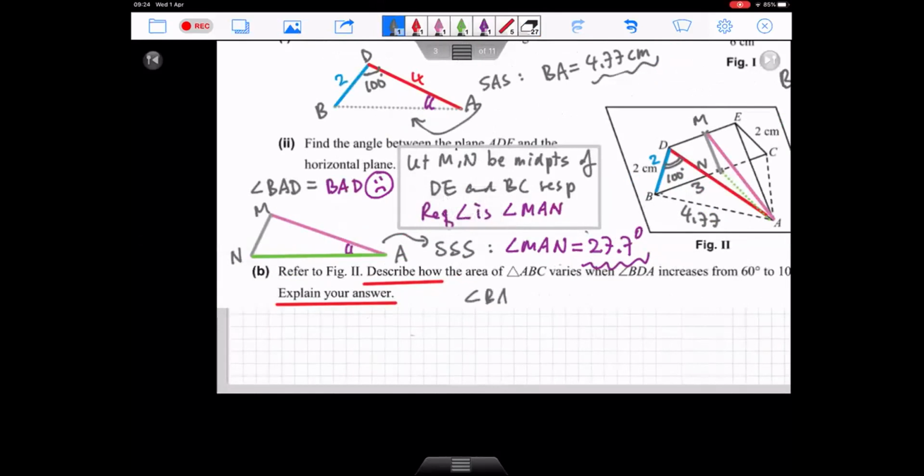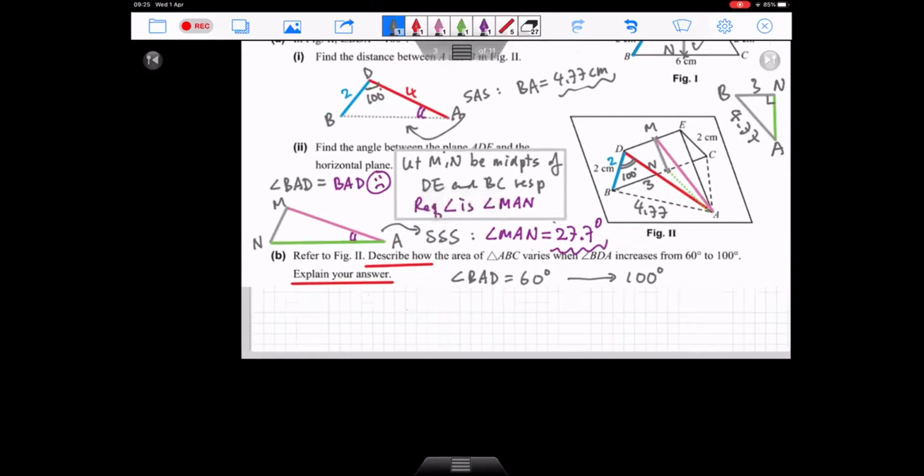When angle BAD equals 60 degrees, what is the value of the line BA? BA should be 3.4641. And when the angle goes to 100 degrees, the line is 4.7727.